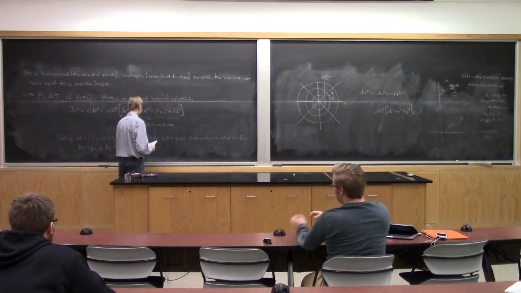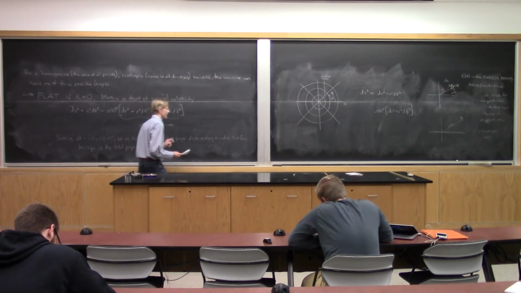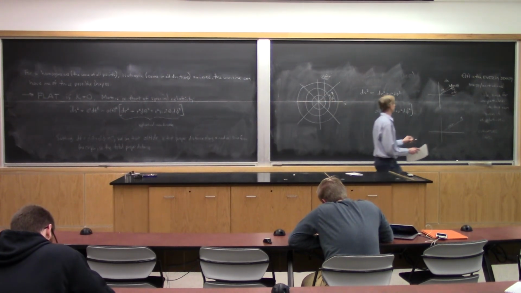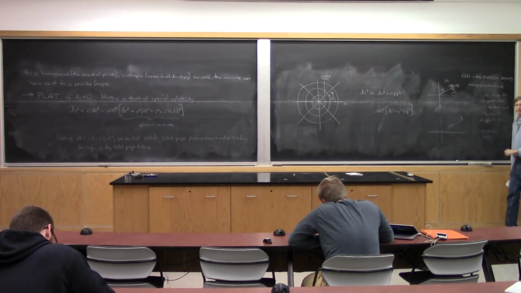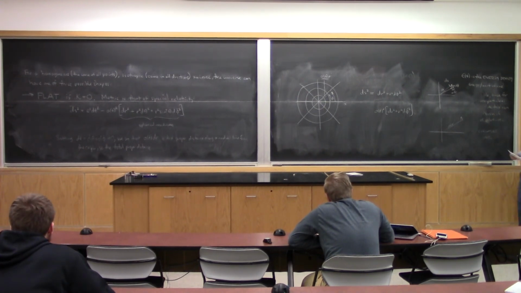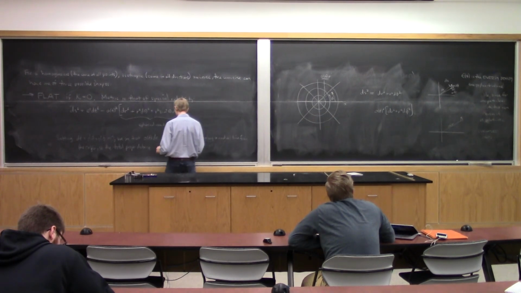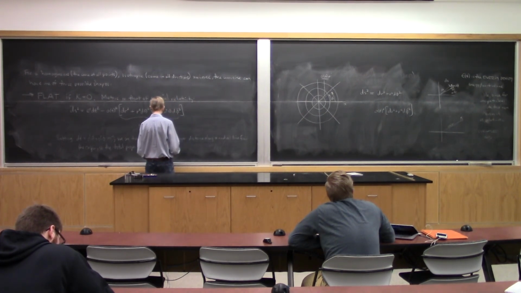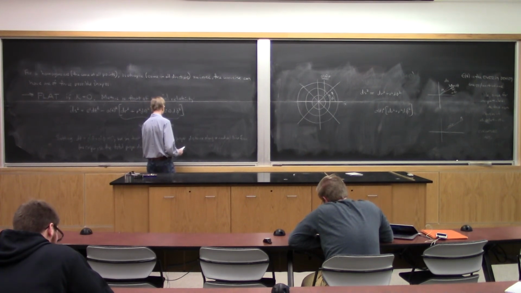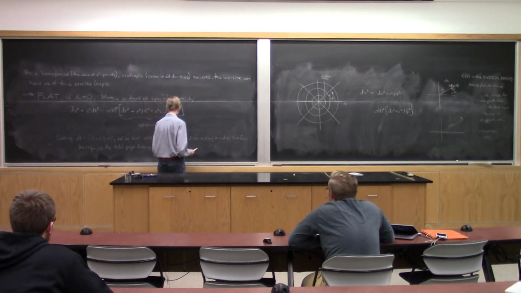So the total proper distance, notice this A of t dr corresponds to this right over there. A of t dr is a little radial displacement. So that the total proper distance to a point with radial coordinate r is what we were already saying that it was.